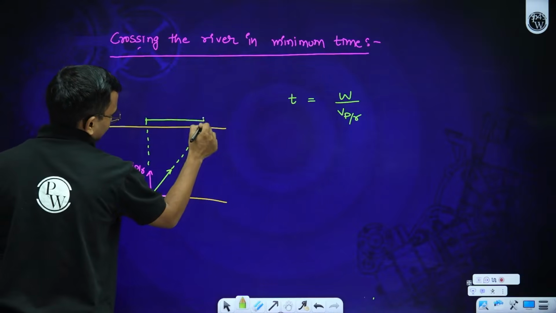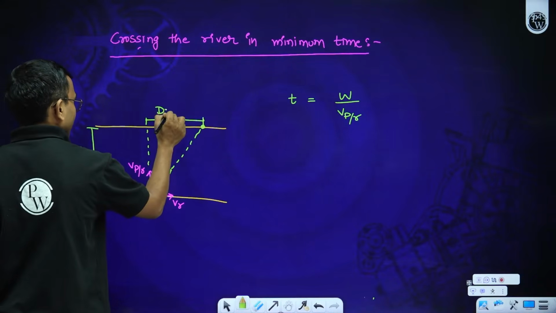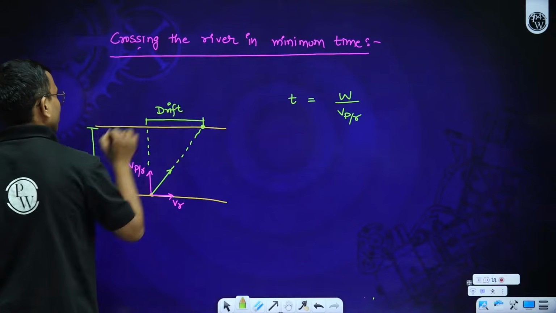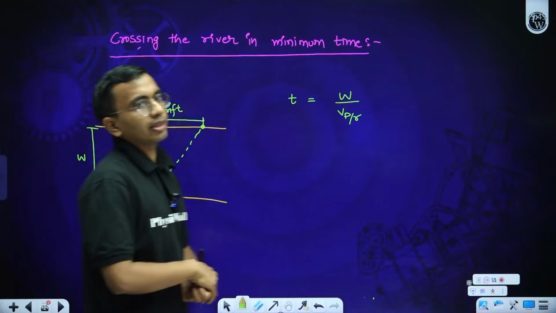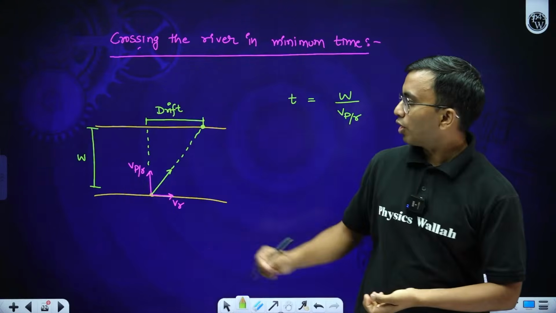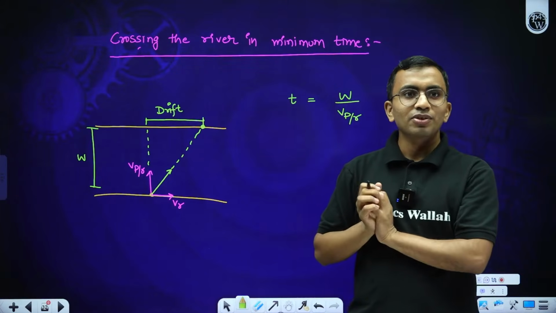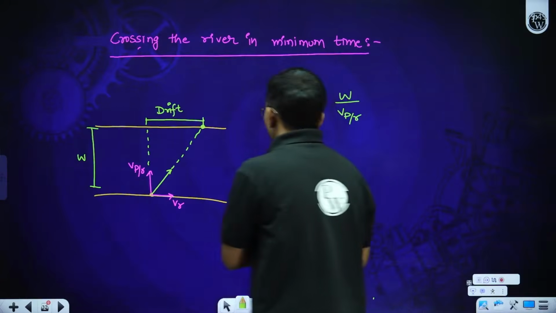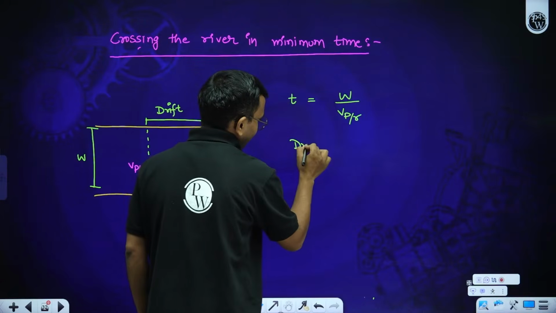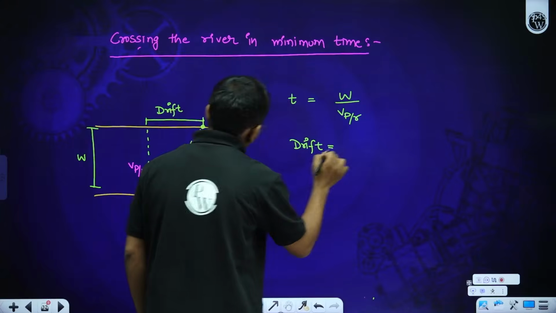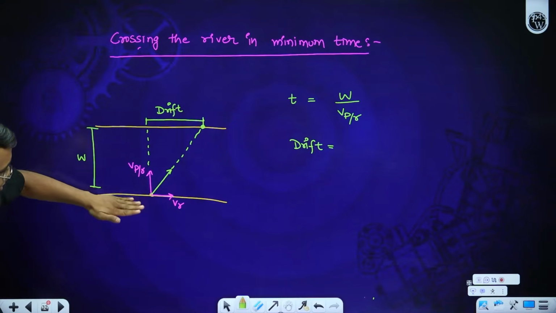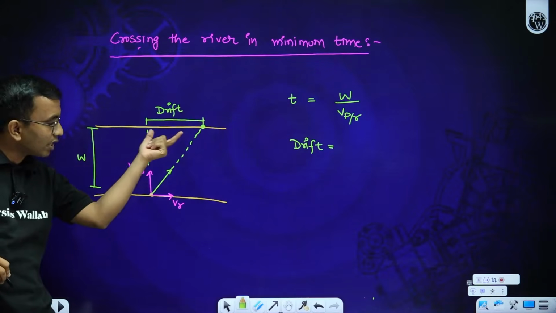Now what is this distance? We call this distance the drift. Drift means the distance along the river by which the person will be pushed by the river. So drift, if I write, will be equal to the horizontal velocity into the time, isn't it?